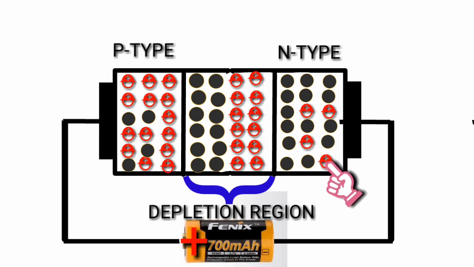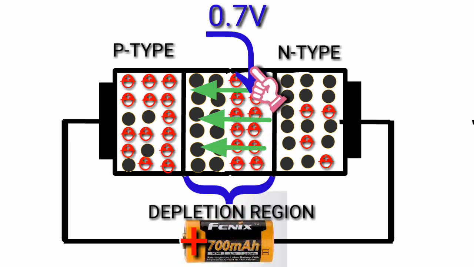The depletion region is also known as the potential barrier. Why potential barrier? Simply because potential refers to the voltage, which is 0.7 volt for silicon and 0.3 volt for germanium. So the potential barrier acts like a barrier, blocking any current from the external source trying to enter the diode.